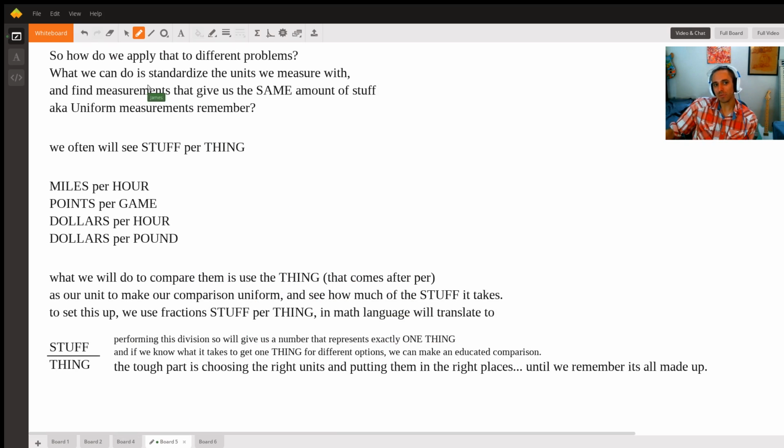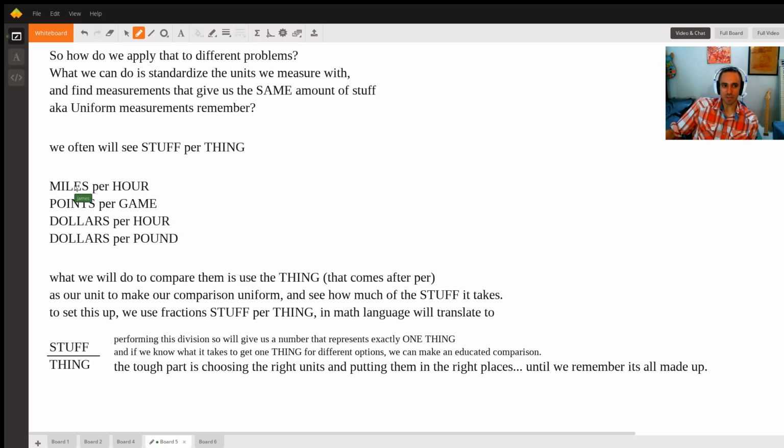Anyway, let's move on. How can we apply this to other different problems? What we can do is standardize the units that we measure with. Find measurements that give us the same amount of stuff, aka uniform measurements. Often we'll see stuff per thing in problems, and what that's telling us to do is to compare the units and make them similar.